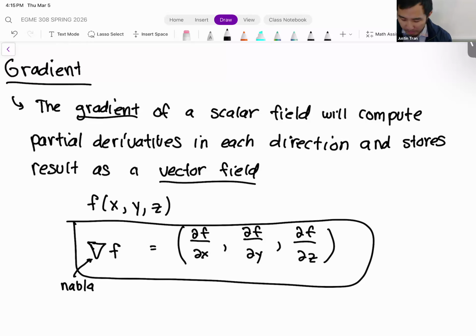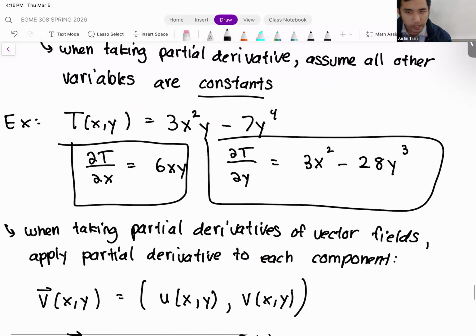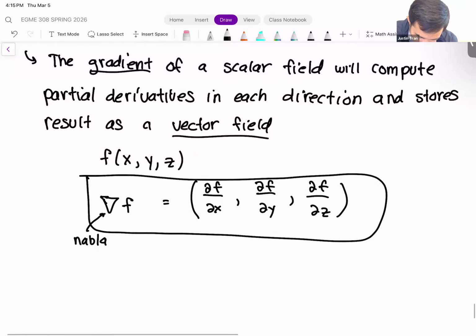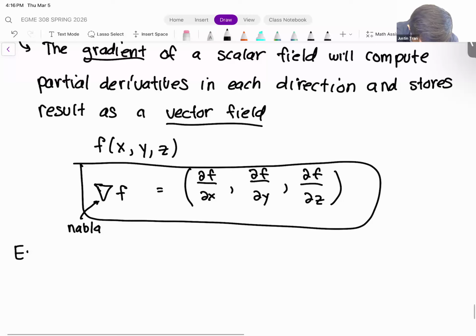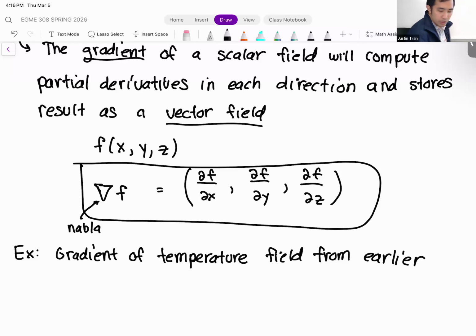Okay. So if we look at the example that we just did, our temperature field up here, we can form the gradient based on these results. I'm going to look at just that temperature field that we just computed.